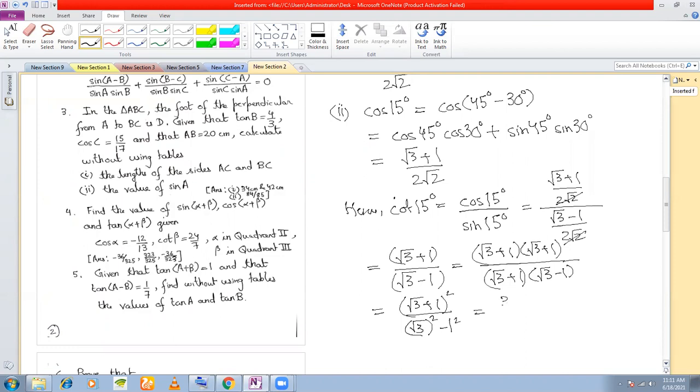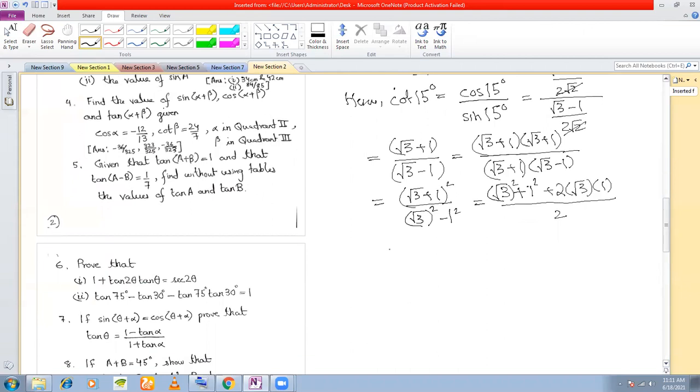Expand this by a plus b whole square: a square plus b square plus 2ab, divided by 3 minus 1, 2. 3 plus 1 plus 2 root 3 divided by 2. 4 plus 2 root 3 divided by 2. You can take 2 common, get 2 plus root 3 divided by 2. So you get 2 plus root 3.